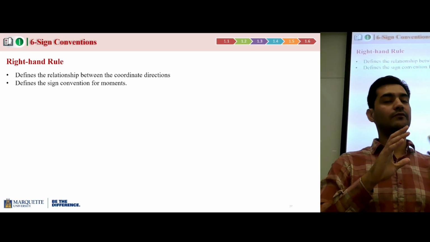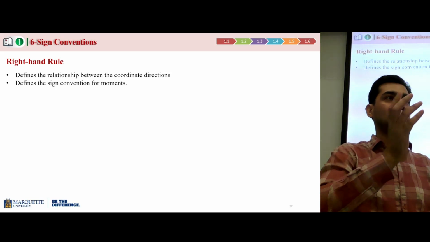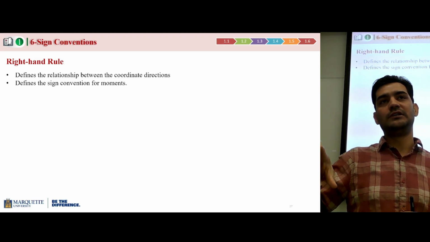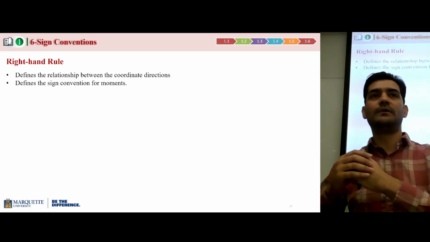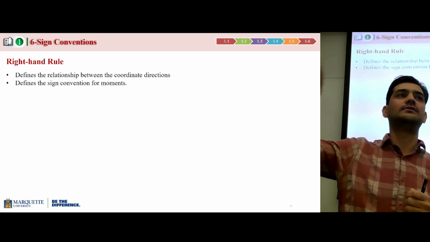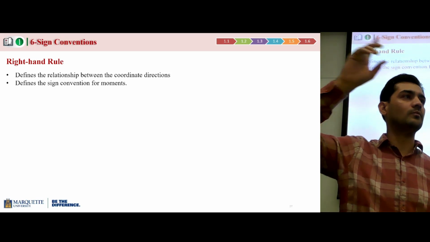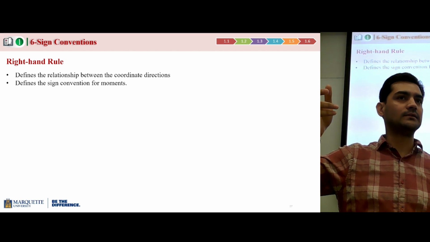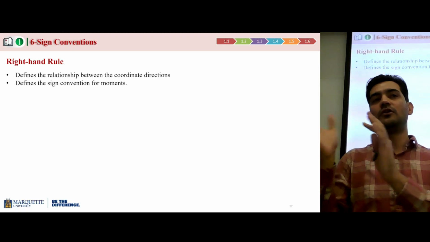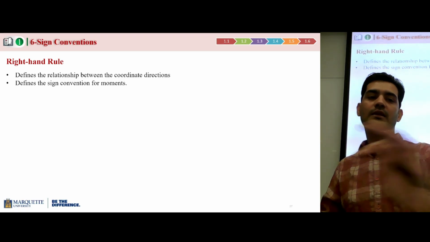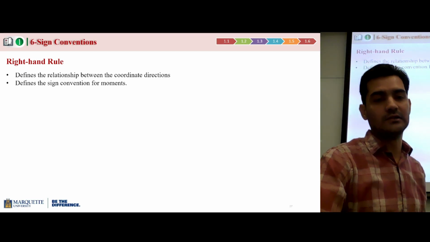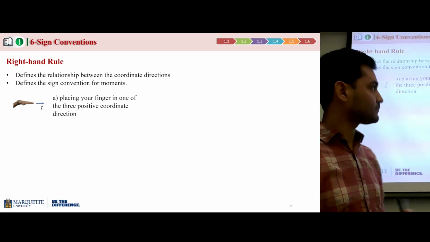It can give you the direction of the coordinate system, and it can also provide you the signs for the moments. But in statics, the counterclockwise moment was positive and the clockwise moment was negative, right? That was the assumption. So here also, if you cannot calculate by conventional means, you can use the right hand rule, but it's a little more complicated than the others, but we can see.